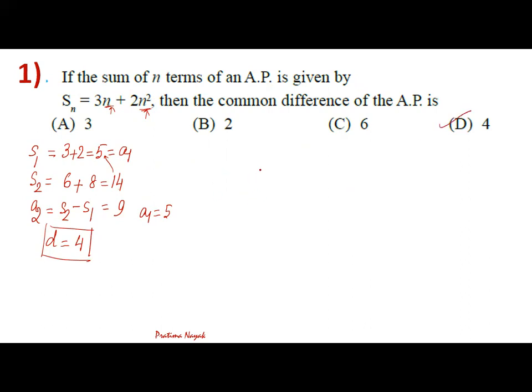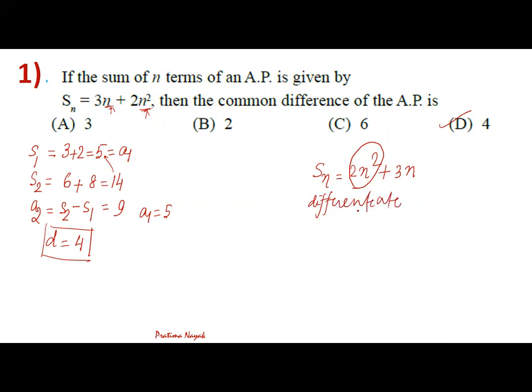Now I am writing another short method for getting D. You take Sn and write it in descending powers of n: 2n square plus 3n. Then differentiate with respect to n.